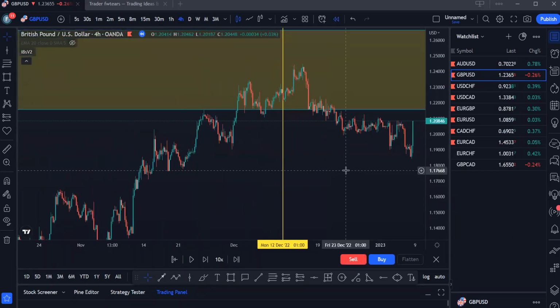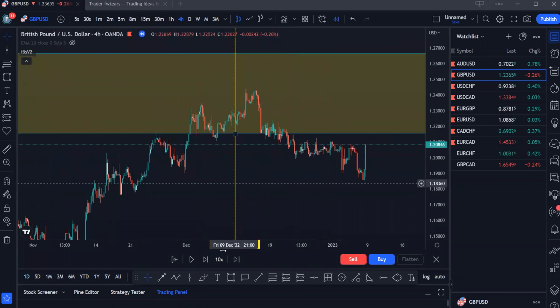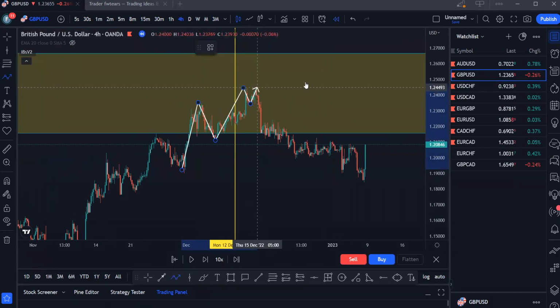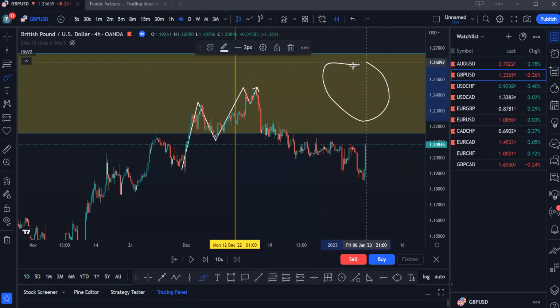And then I told you that this is what price is going to do. So you can see price direction going like this, ultimately doing this. Now, all of this here is the weekly, over here is a weekly supply. And in a supply zone, ideally we are looking for sell opportunities.